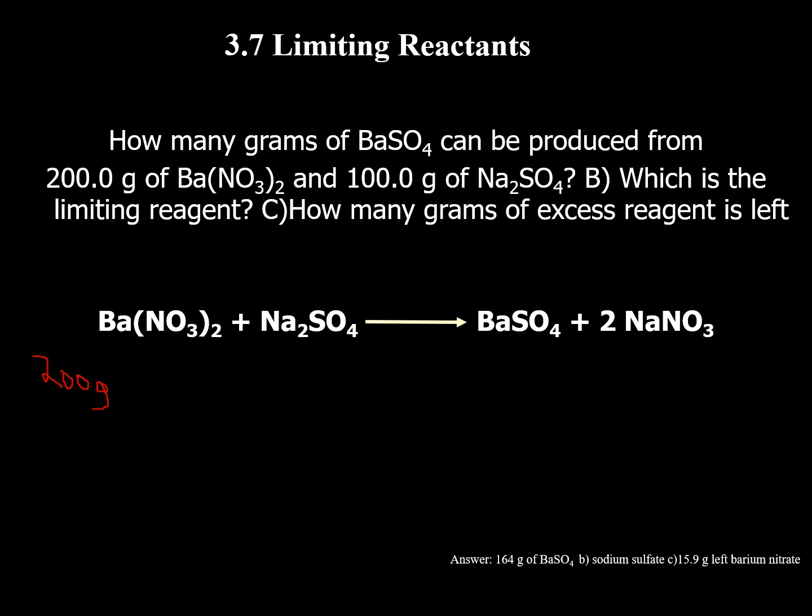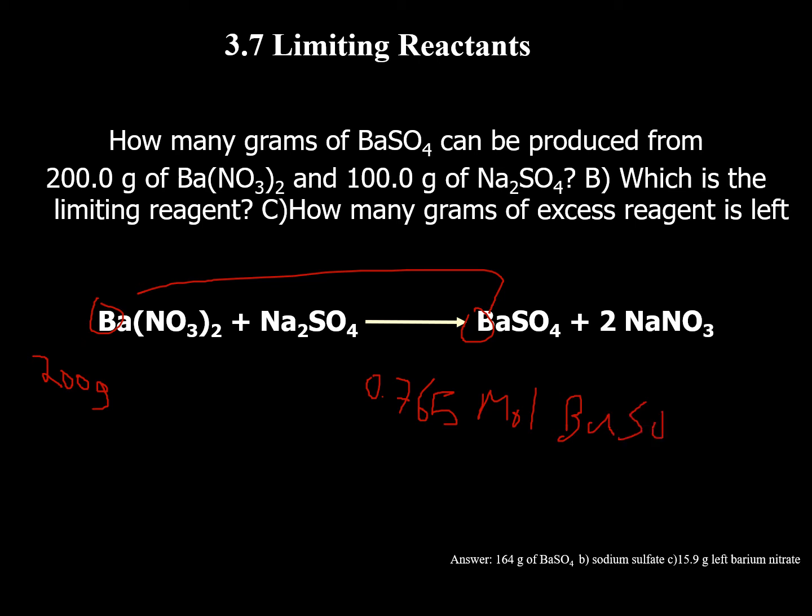And then you have to look at the ratio. It's a 1:1 ratio. So you multiply by 1, divided by 1, and you're left with 0.765 moles of BaSO4. But as I said at the beginning, you have to do the same thing with the sodium sulfate.